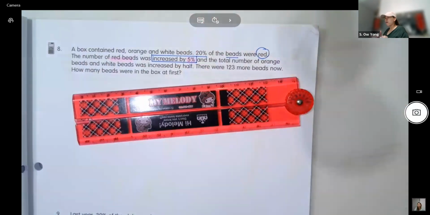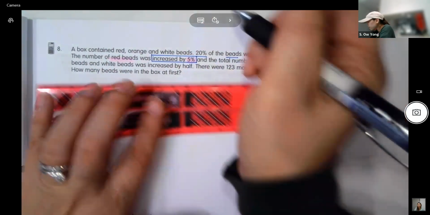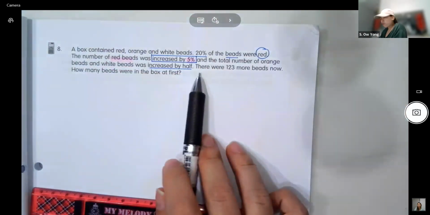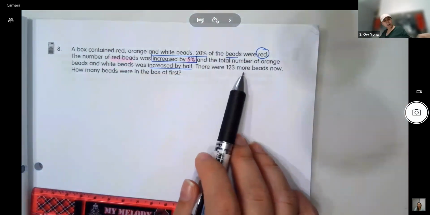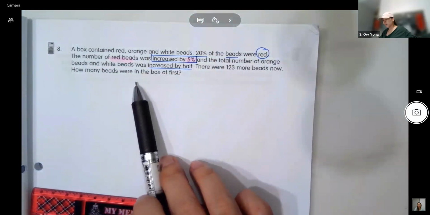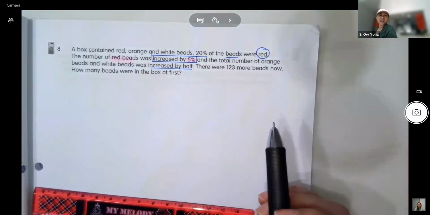And the total number of orange and white increased by half. There were 123 more beads now. How many beads were in the box at first?